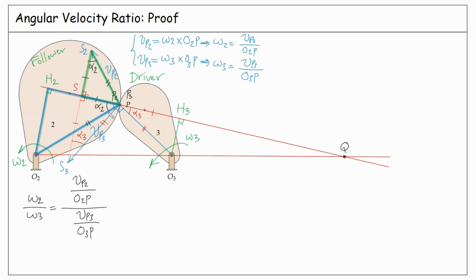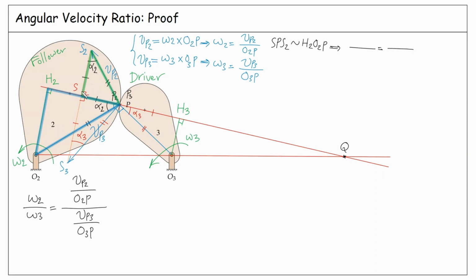What does that mean? From basic geometry, we know that whenever two angles of two triangles are identical, they are similar. Therefore, the triangle SPS2 is similar to the triangle H2O2P. Let's use the fact that their corresponding sides are proportional.